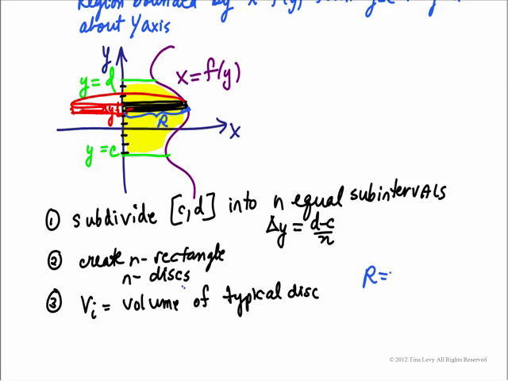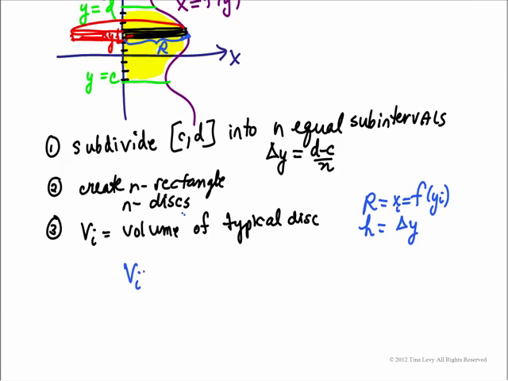So the radius is the x value, which is x sub i, which is the functional value f of y sub i. And of course the altitude is going to be delta y. From this we get V sub i is pi f of y sub i squared delta y.